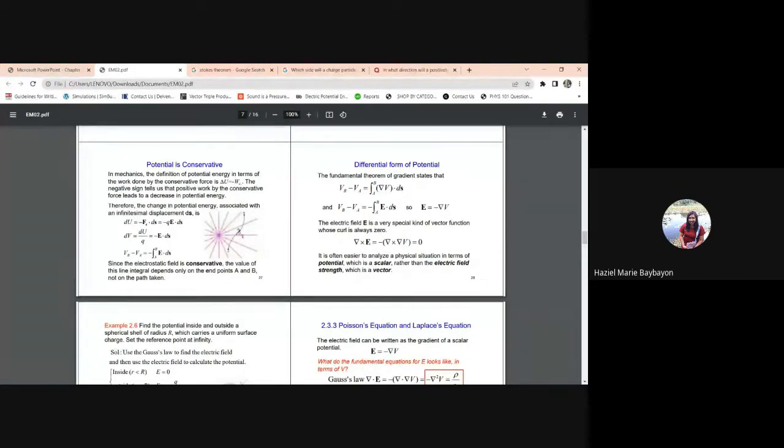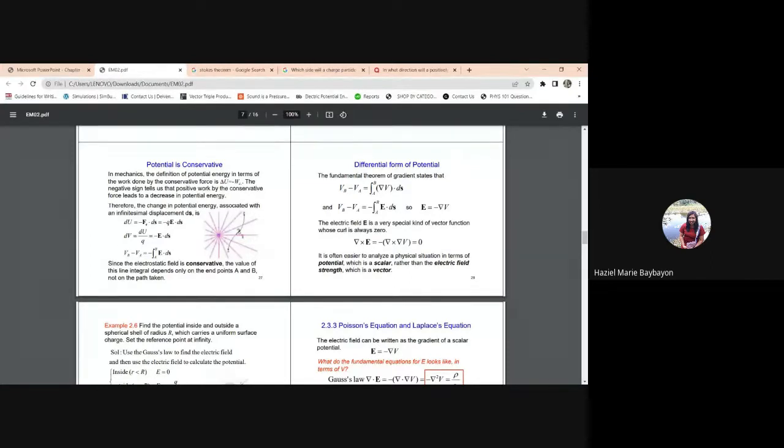Divide this by Q, so your dV is equal to negative E dot ds. Okay, so the potential difference is equal to the negative integral of E dot ds. So we have here a definition of the potential difference in terms of the electric field.